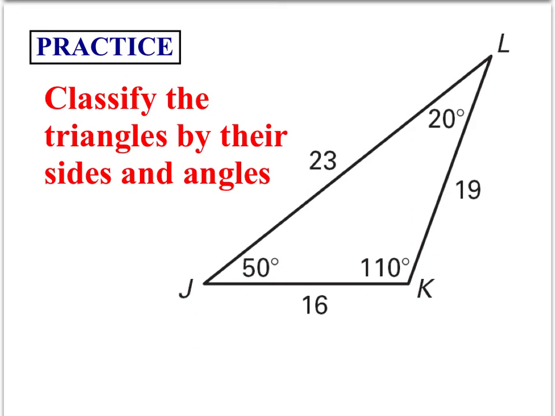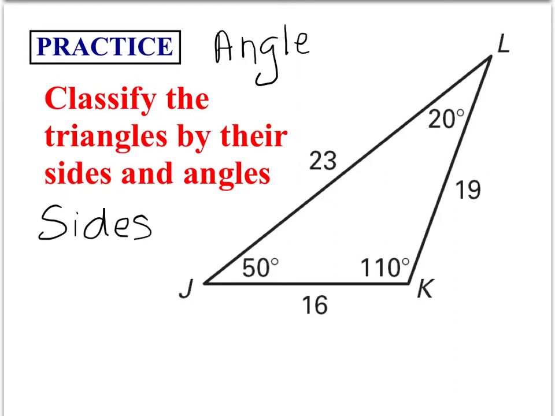Alright, so let's practice it. Let's classify these triangles by their sides and their angles. So I'll write angles up here, and then I'll write sides up here, so we can classify them. You can see what we're working with. So we have one angle that's 50, one angle that's 110, and another angle that's 20 degrees.